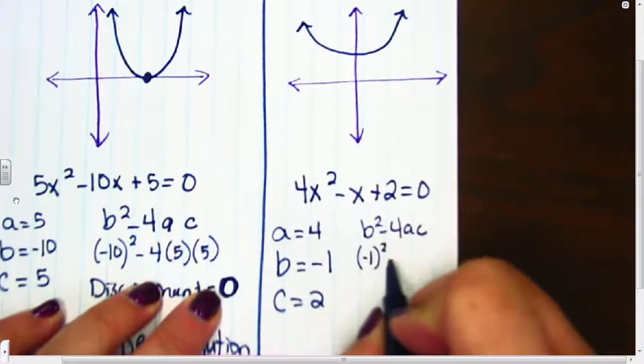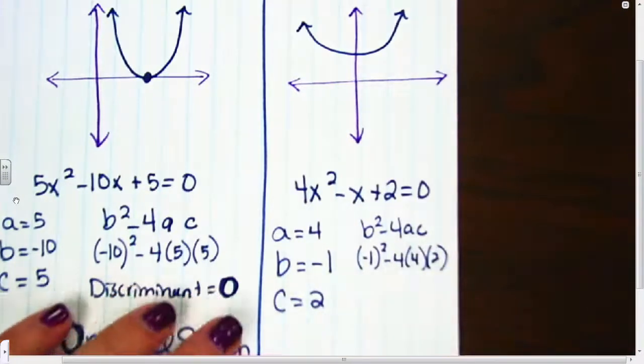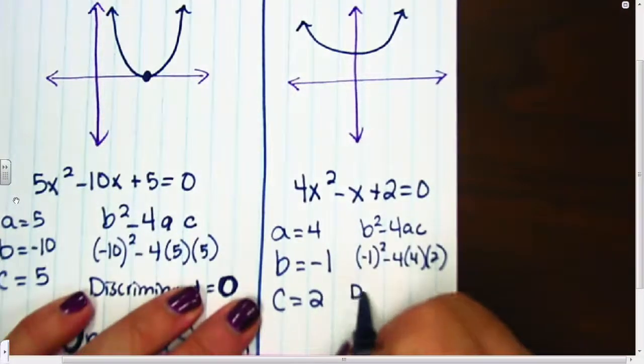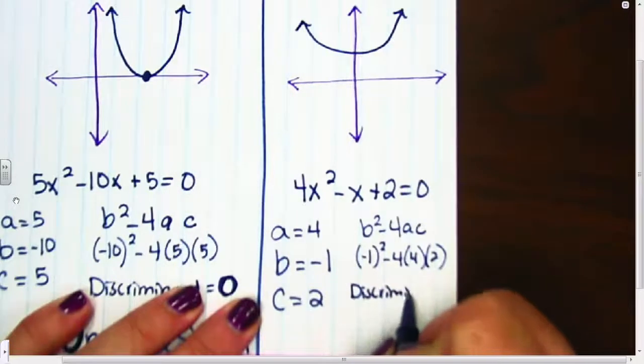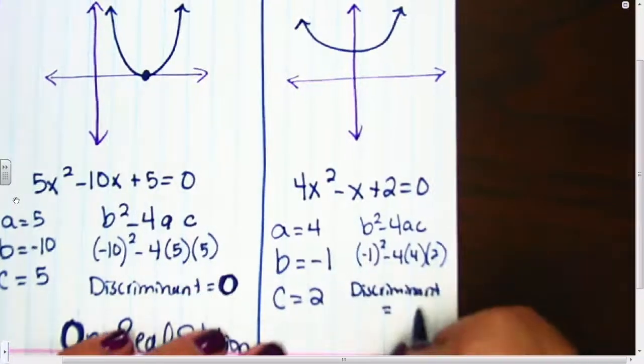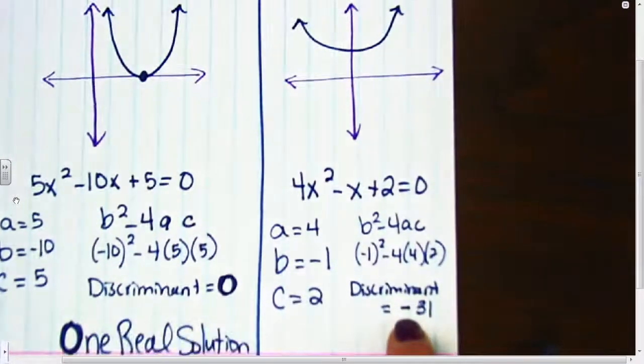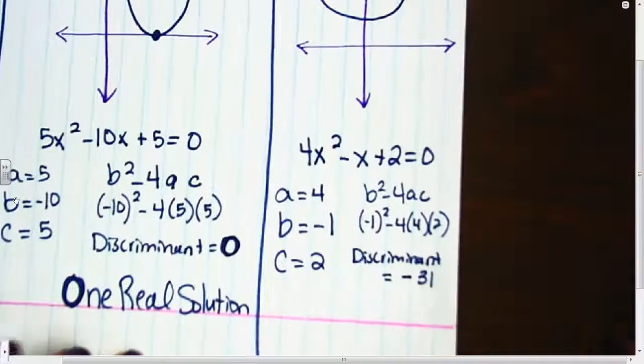Parentheses around that negative 1. And you type all of this into the calculator. My discriminant is equal to negative 31. This number is less than 0. I got a negative number.